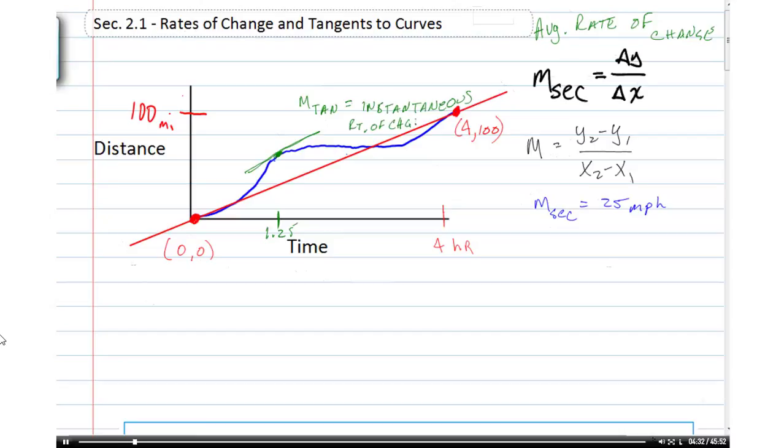Now, I'm not going to tell you how to get that instantaneous rate of change just yet. That's calculus. But I wanted you to see how we've switched from the world of algebra to the world of calculus. We're moving from needing only 2 points to figure out an average rate of change to now being able to tell the slope of a curve at a point. Okay, so that's where we are hopefully heading.